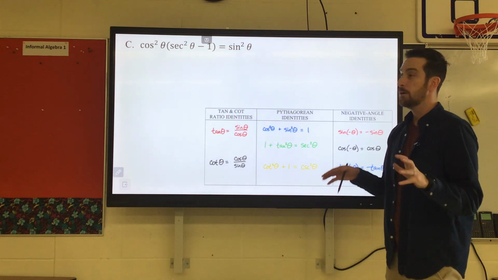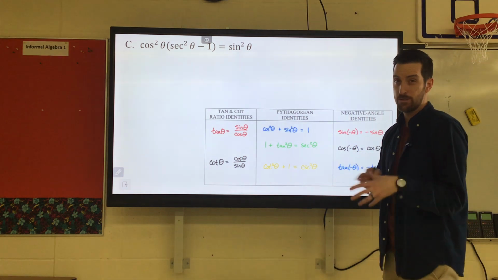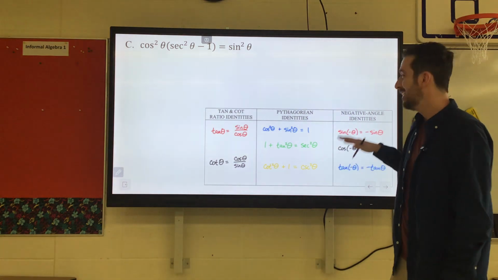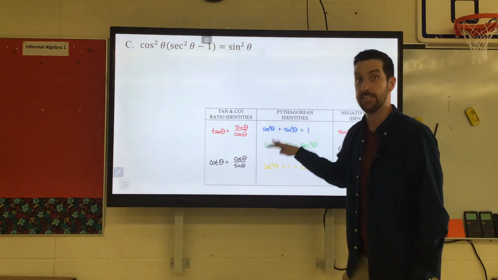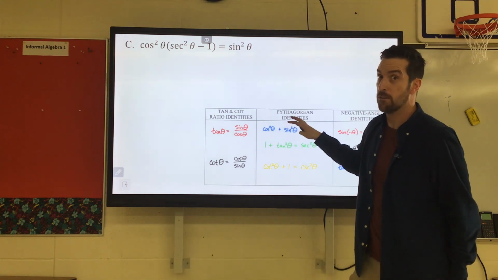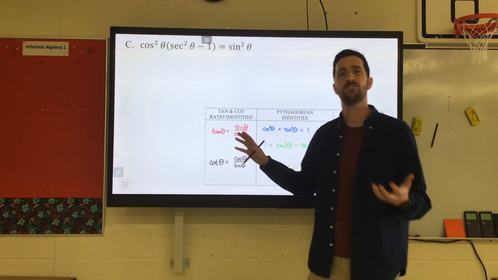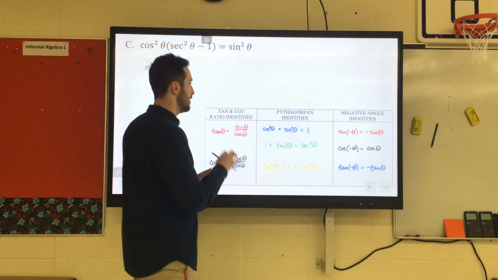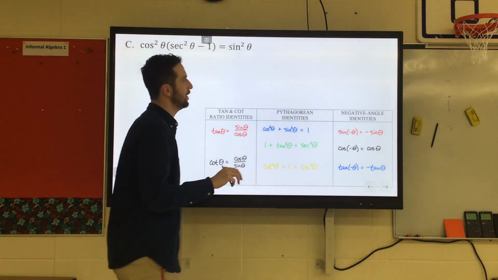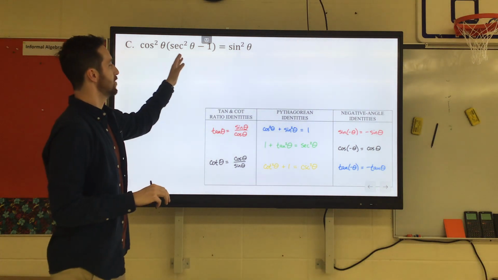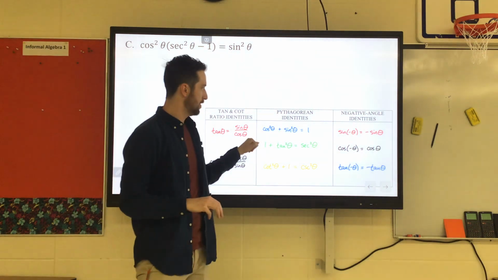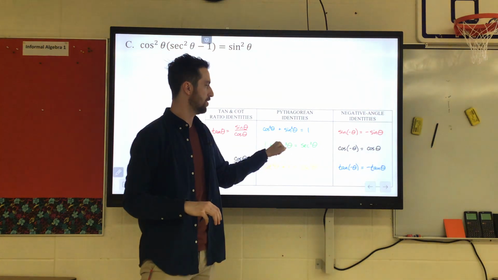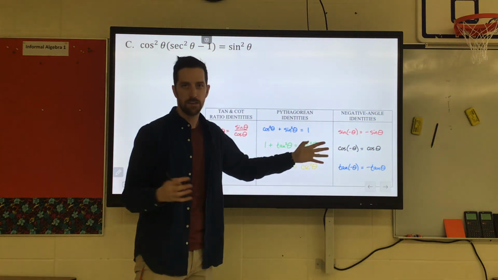Whenever you see 1 plus something squared or 1 minus something squared, you're going to be looking at the Pythagorean identities. Now, it's not always going to be exactly in the form that it needs to be right away, and that's okay because you're such brilliant human beings that you could probably finagle it a little bit. So if you look, we're looking for secant squared minus 1. If you look at this Pythagorean identity, it's 1 plus tangent squared theta equals secant squared theta.